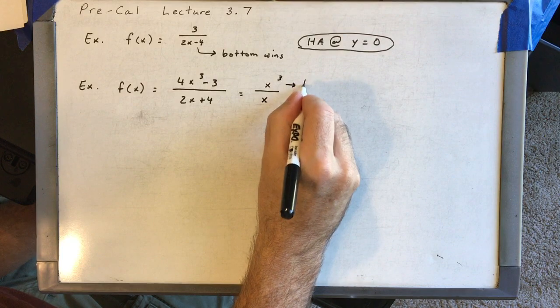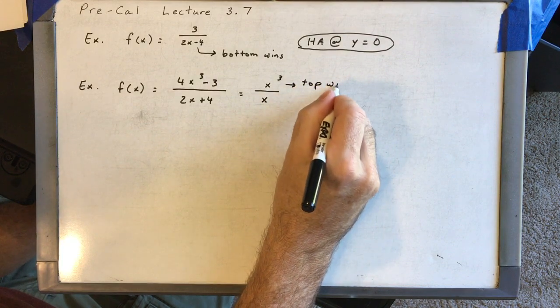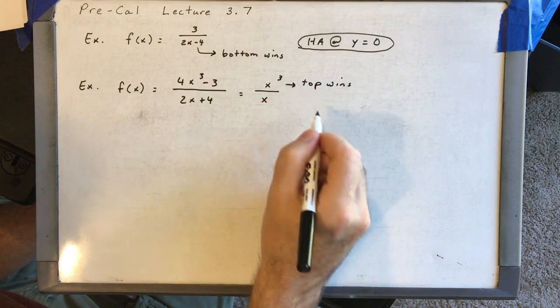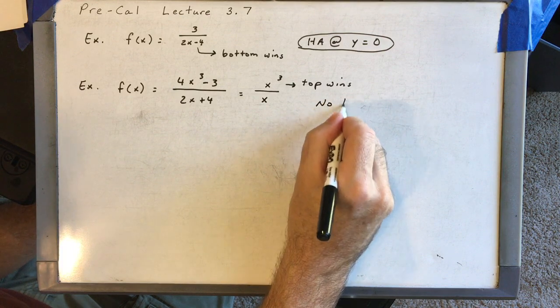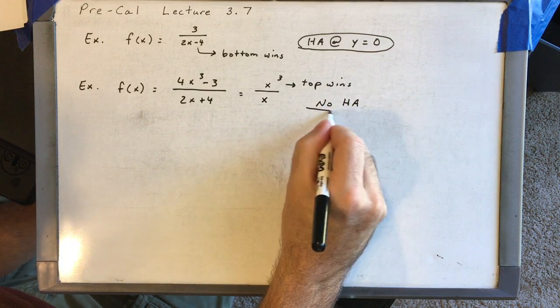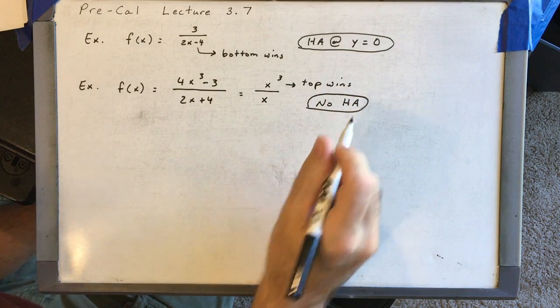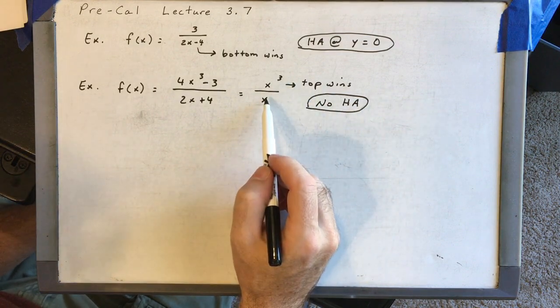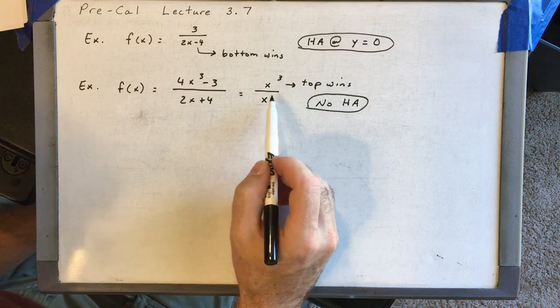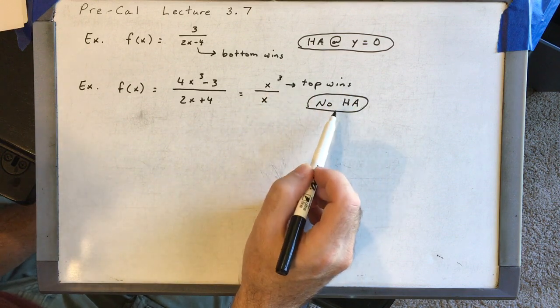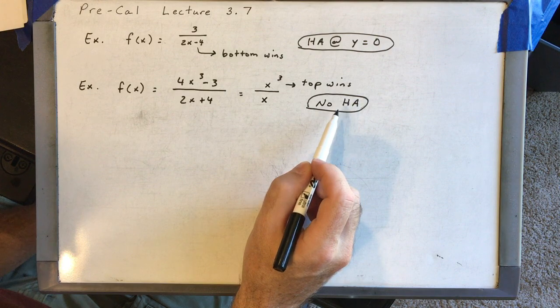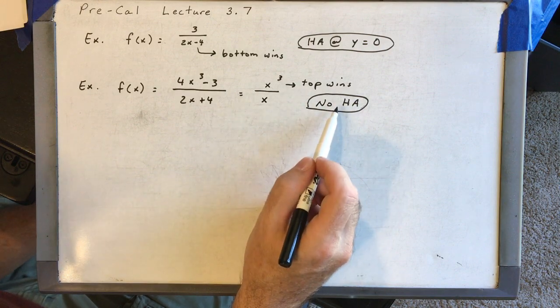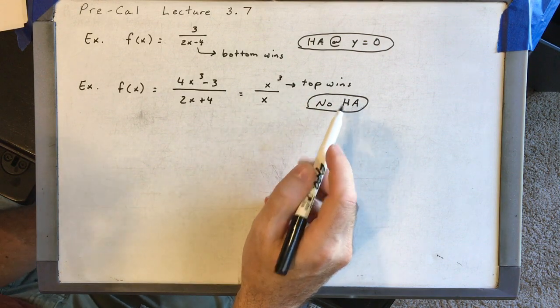So the top wins. If the top wins, there is no horizontal asymptote. Now, if you take calculus, you'll find out why. We'll take the limit of this as x approaches infinity, but right now, that doesn't matter. You just need to be able to evaluate the function and determine where the asymptotes are.